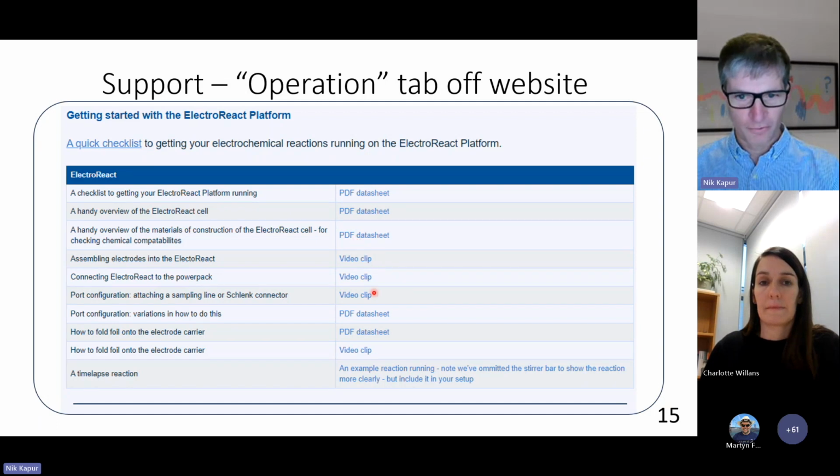And then there's a whole series of video clips. And again, these are just 1 or 2 minute video clips. So you can watch these and immediately then have the confidence to go to the ElectroReact platform and start using those.